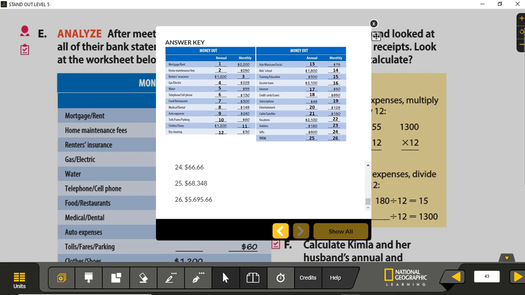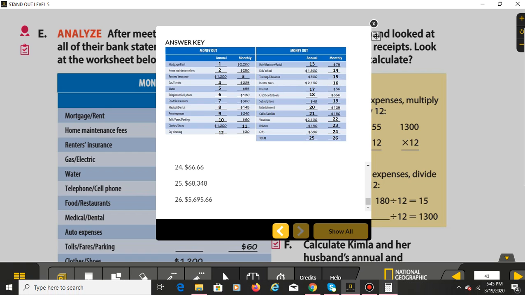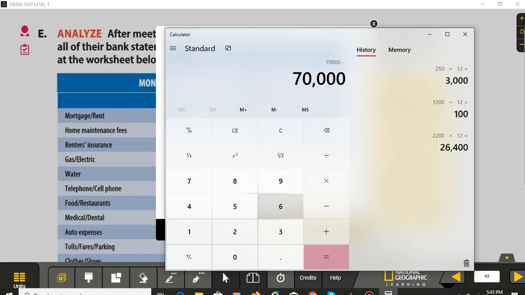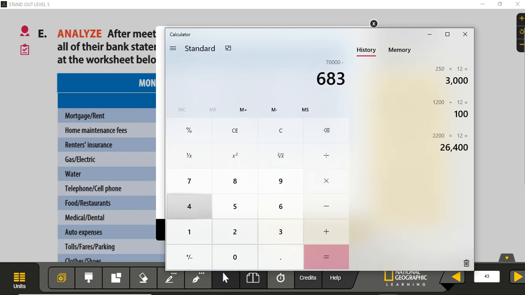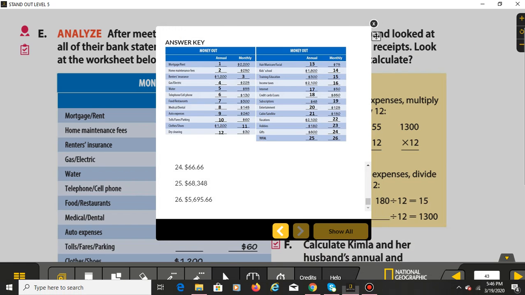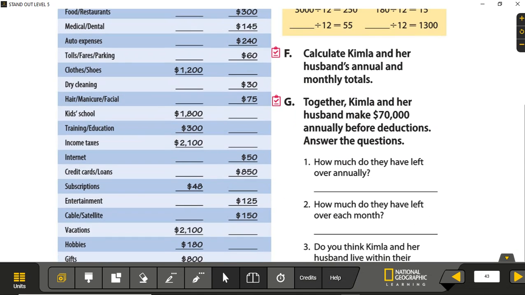Final amount is 68,348. So 70,000 minus 68,348 equals $1,652.